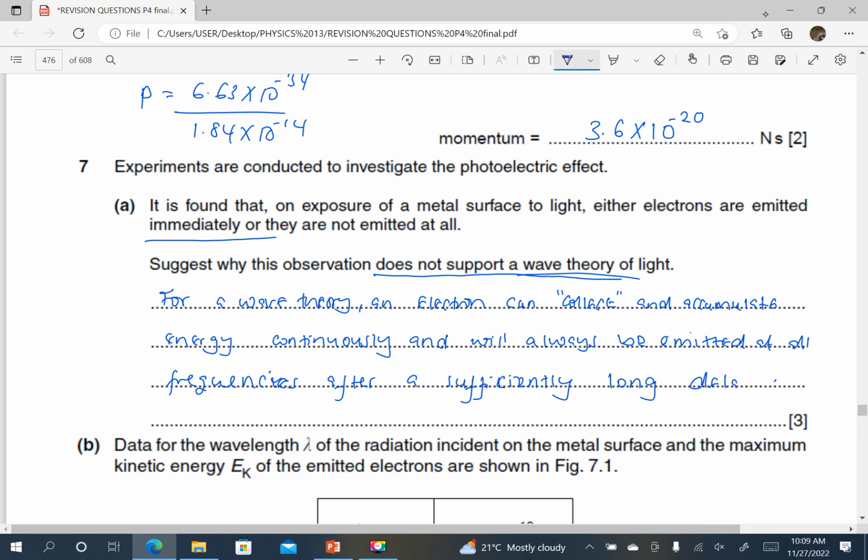So the wave theory says there is no need for emission to be instantaneous.